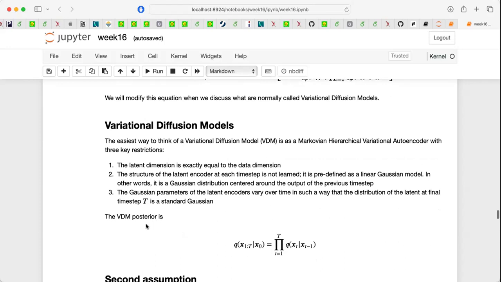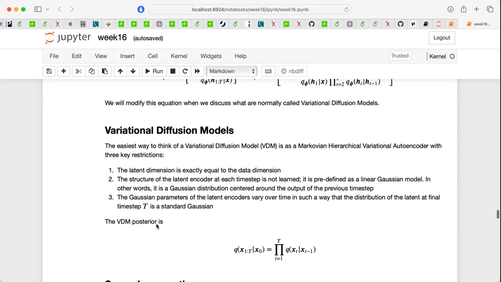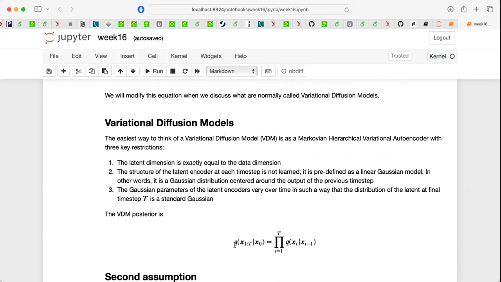So the posterior which we end up with is simply given by this chain of all the transition probabilities, the probabilities of going from one step to the next one, starting with this x0.